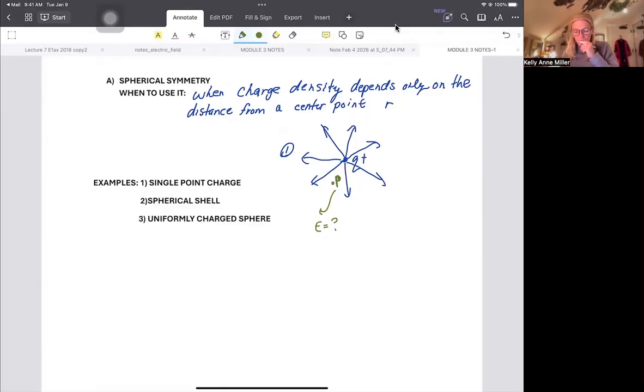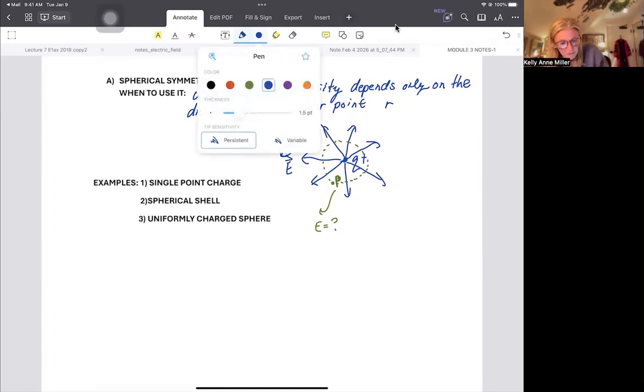So I hope it's easy to see that if I drew a spherical Gaussian surface, like one that looked like this, at the point that I'm interested in, in that case, the E field lines, which maybe I should label for clarity, these are the E field lines, the blue lines. Those are in the same direction.